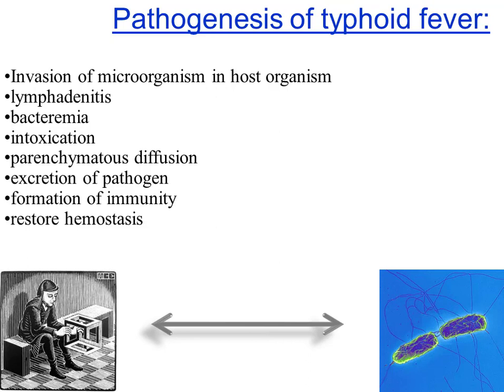The diagnosis can be made by isolating Salmonella from the blood, hemoculture. Bacteremia persists during the first week of the disease, associated with generalization of infection and the formation of humoral immunity. Starting from the second week of the disease, using the serological agglutination reaction, the Vidal reaction, we can detect antibodies to the causative agent.